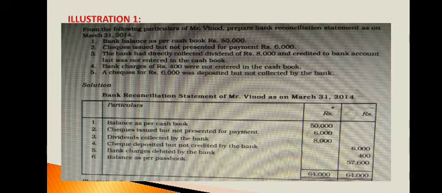Let's look at the first one: checks issued but not presented for payment, rupees 6,000. Whenever we issue checks, we record them on the credit side of the cash book, that is, we reduce the balance as soon as the checks are issued. But as these checks are not presented by the date on which we are preparing the statement, the amount is not deducted in the passbook, whereas we have deducted it in the cash book.